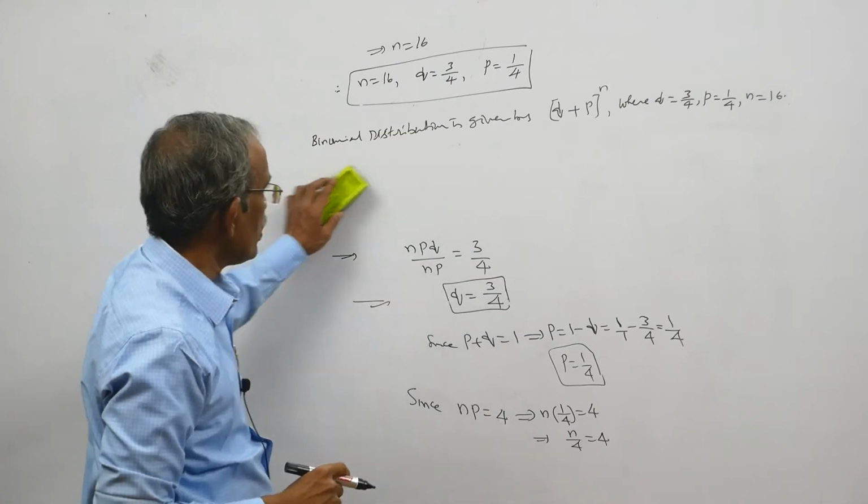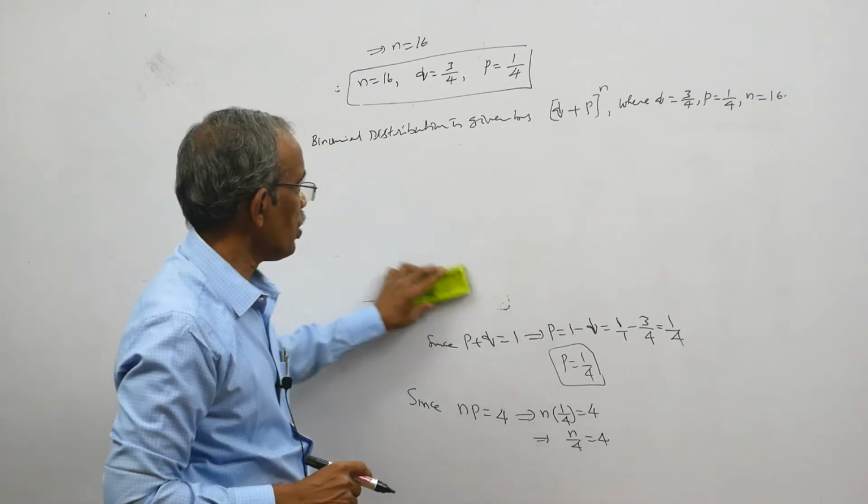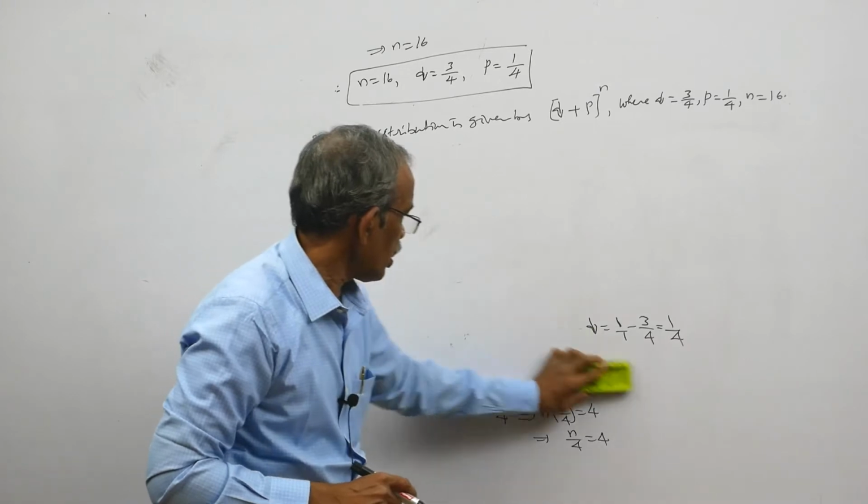To fix the binomial distribution, we do it like this: (q plus p) whole power n, where q is equal to 3 by 4 and p is equal to 1 by 4 and n is equal to 16. This is the binomial distribution.